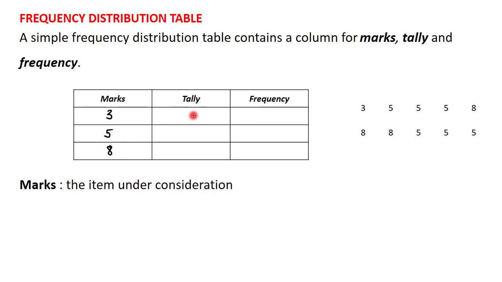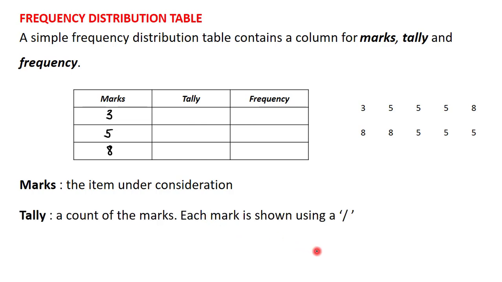Now let's move on to the next column, which is tally. The tally is a count of the marks. Each mark is shown using a stroke. So for the tally, we will count the marks that we have. So if we take the first mark, which is 3, we will count the number of 3s that we have in the data that has been given to us.